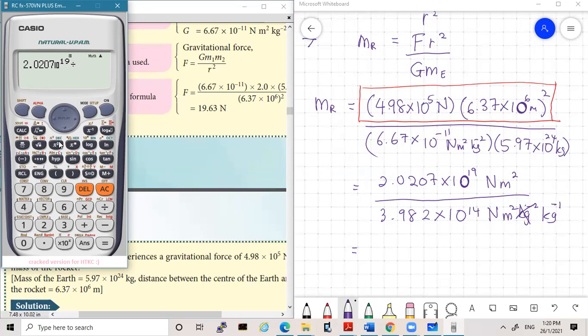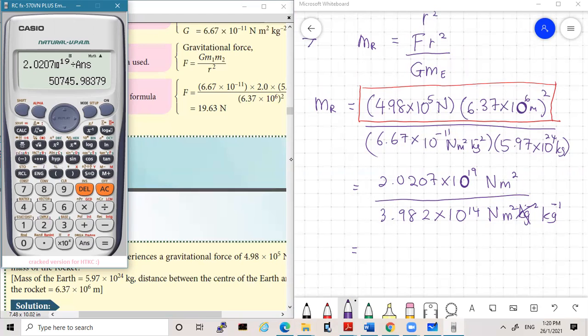It's okay if you don't have the answer key; yes, this is ANS, last answer. So we will get this value.